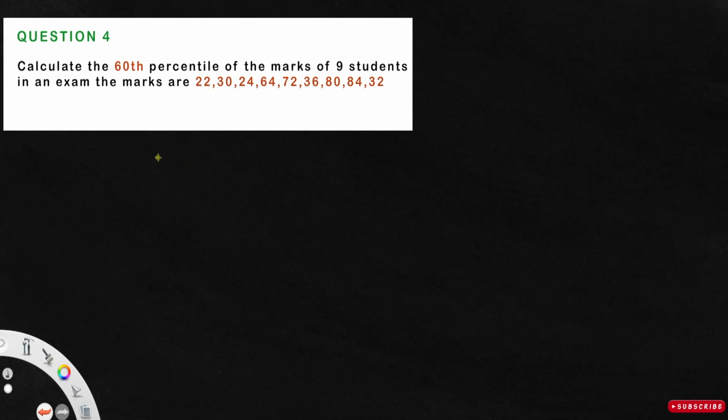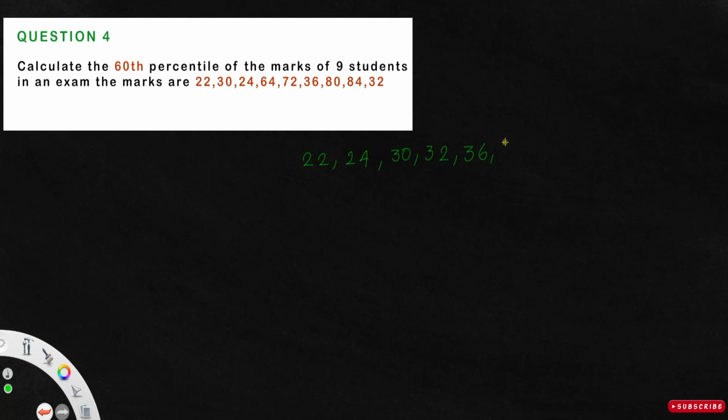So in this example, we have to find the 60th percentile. So first thing is, we have to write the data in ascending order. So the first will be 22, then 24, now 30, now 32, 36.